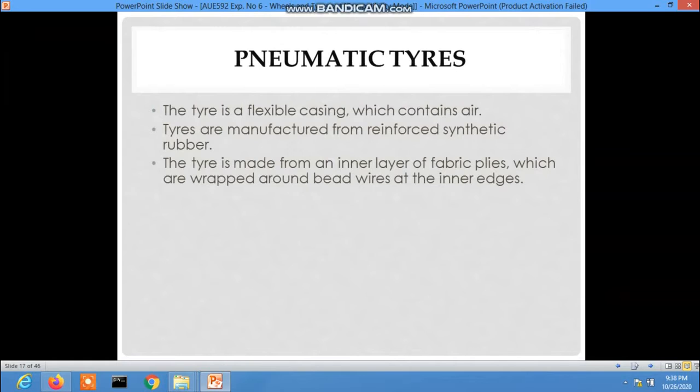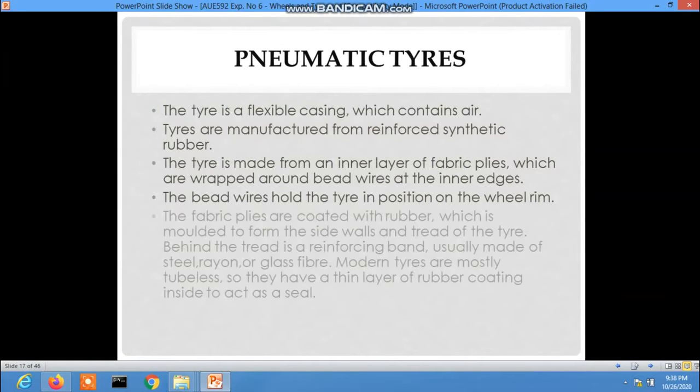The bead wire holds the tire in position on the wheel rim. The fabric plies are coated with rubber to form the sidewall and tread of the tire. Behind the tread is a reinforcing band usually made of steel, rayon or glass fiber. Modern tires are mostly tubeless, so they have a thin layer of rubber coated inside that acts as a seal.